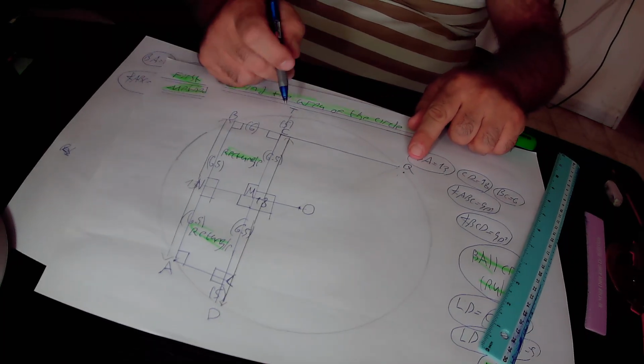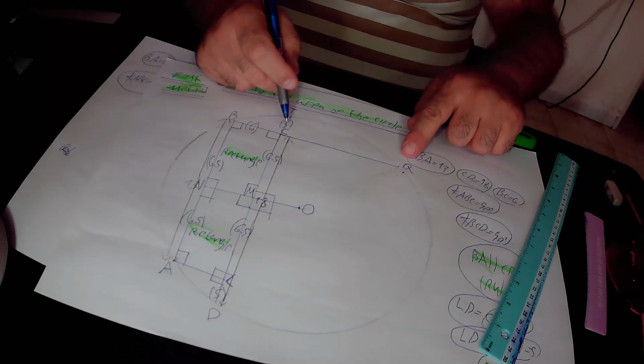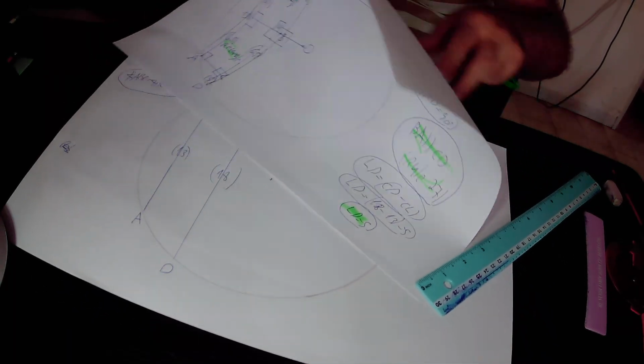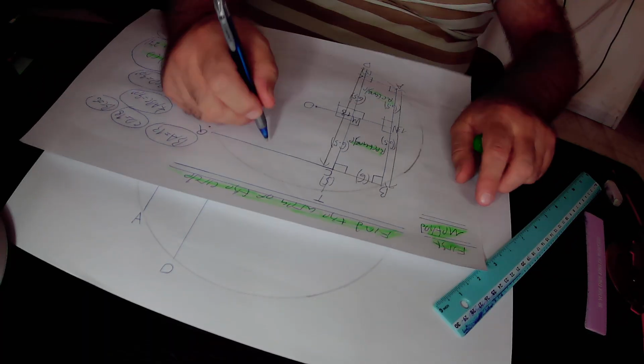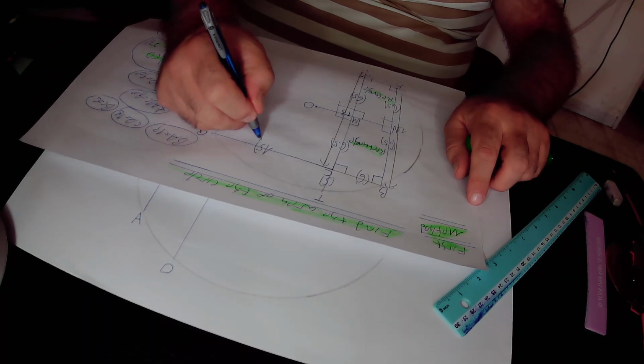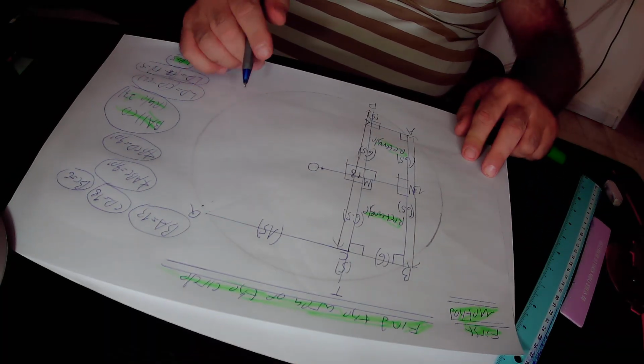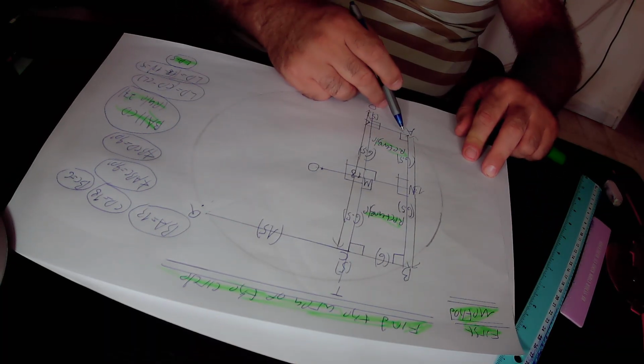This is segment CQ, which equals 15 units in length. In the next step, we'll join points Q and A together by a straight line.